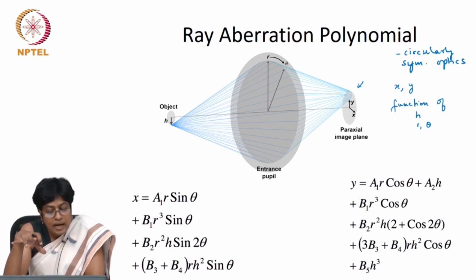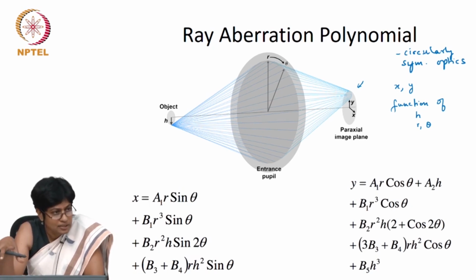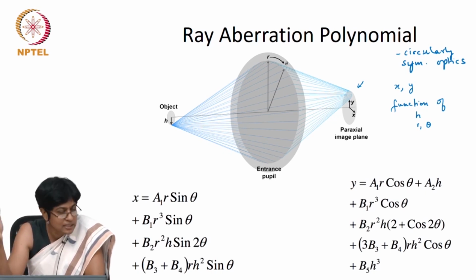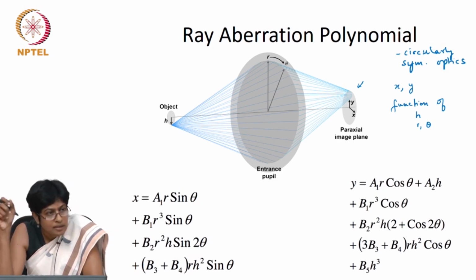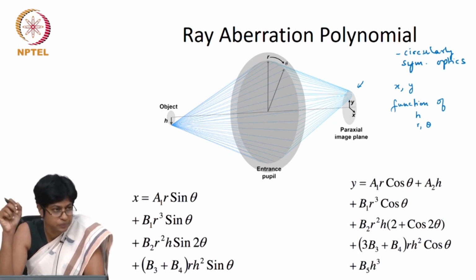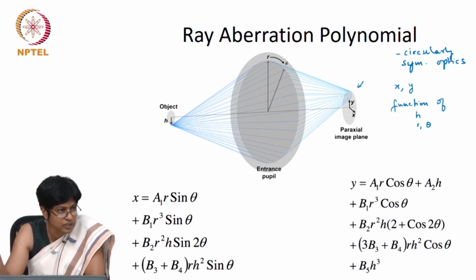Now, of course, I want to be able to arrive at some equation like this, but it is not possible to arrive at an equation like this for any system. Maybe for a very simple system, you could actually work out an equation that will tell you what is the x position of a ray, what is the y position of a ray. But you can imagine for any slightly complicated system with more than 2-3 surfaces, you're not going to be able to arrive at an equation very easily.